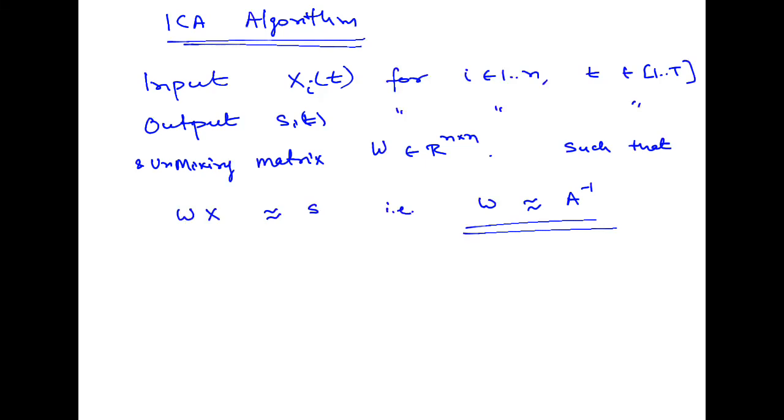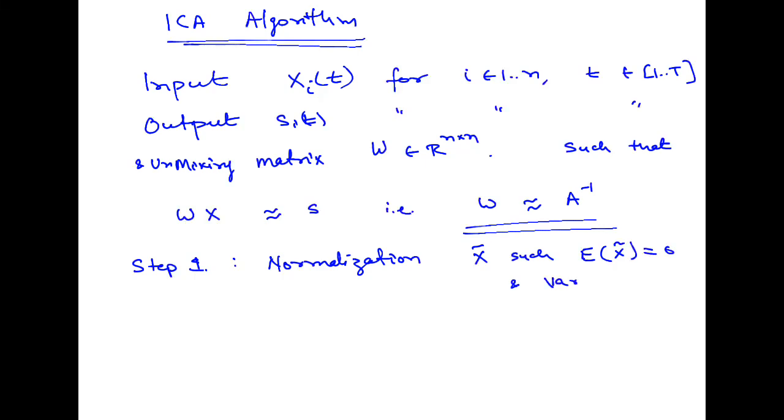Step 1, normalization. You have x tilde such that E of x tilde equals 0 and variance of x tilde equals 1. That's step 1. Then step 2, whitening.